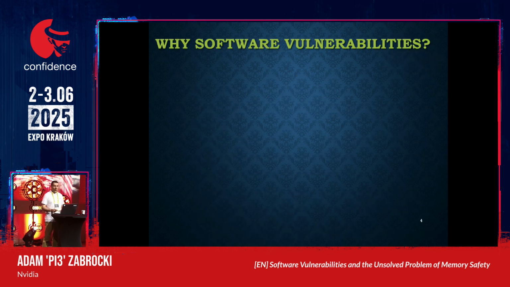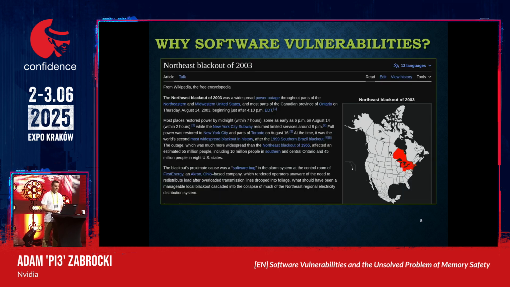So why do we even care about software vulnerabilities? I think this is a fundamental problem which we as a security industry know about. But why do we care so much about that? There are various reasons why. This is one of the examples: in 2003, we had the world's second most widespread blackout in history, which affected more than 55 million people, who did not have electricity.